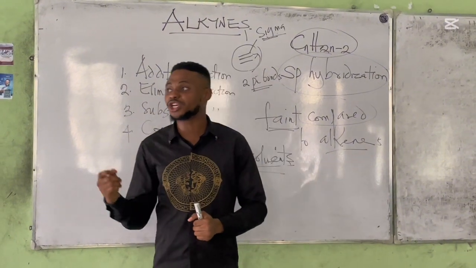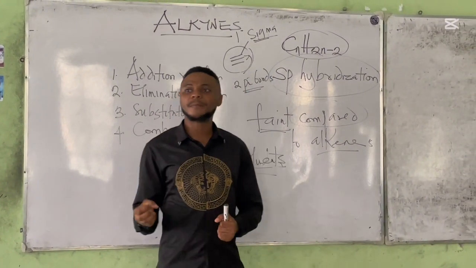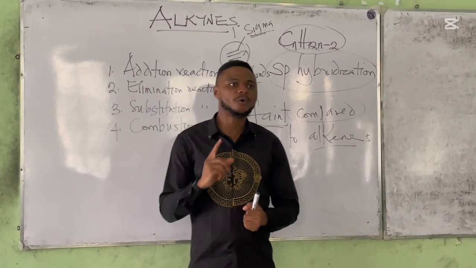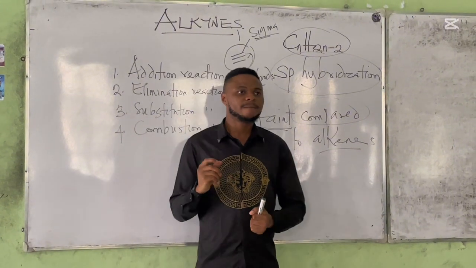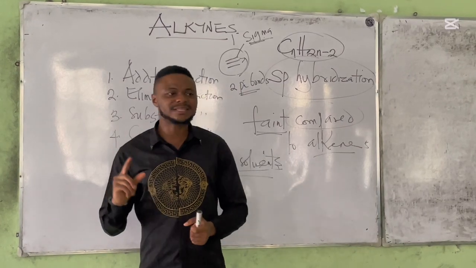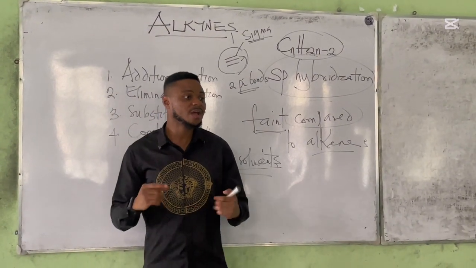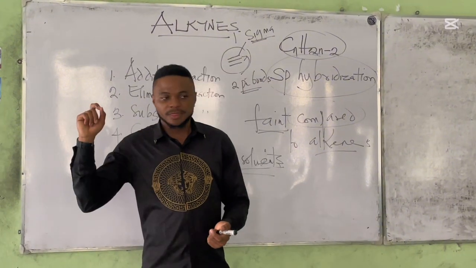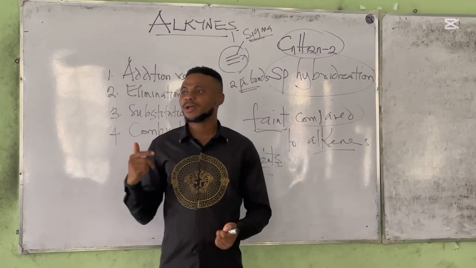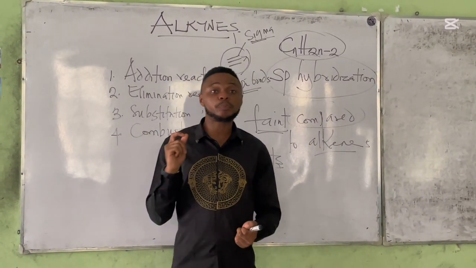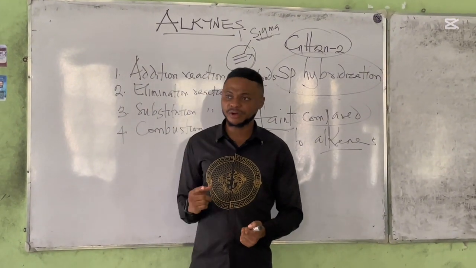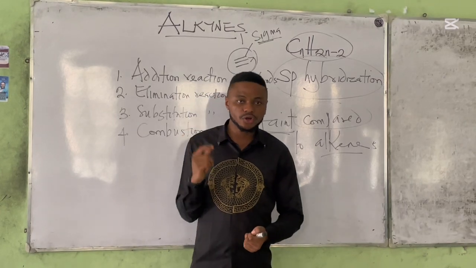Alkynes are named according to the general rules of nomenclature. However, after the determination of the longest continuous carbon chain in the structure, the carbon containing the triple bond is given the smallest possible number.